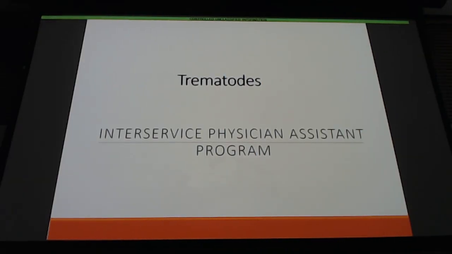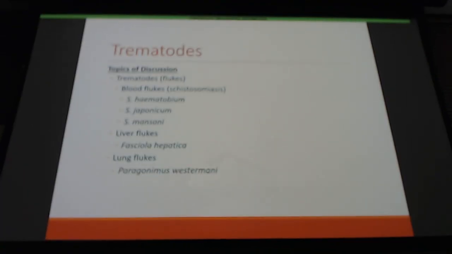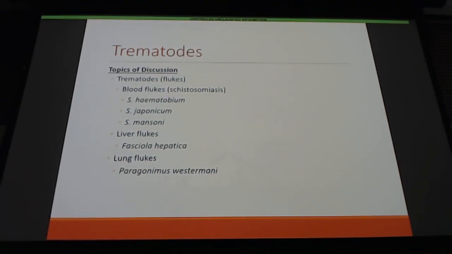Okay, the next set of worms we're going to talk about will be the trematodes, also known as flukes or flatworms. What I'd like you to remember for blood flukes, the hematobium, japonicum, and mansoni, is that they have specific places in the body that they like to hang out.